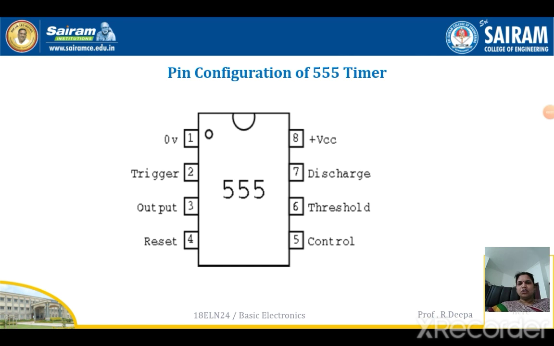Here we have shown the pin configuration of the IC555 timer. It consists of 8 pins: pin 1 is the ground, 2 is trigger, 3 is the output, 4 is the reset pin, 5 is the control input, 6 is threshold, 7 is discharge, and 8 is the VCC supply.